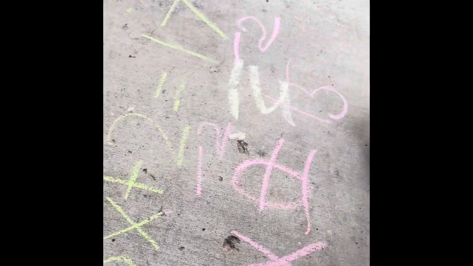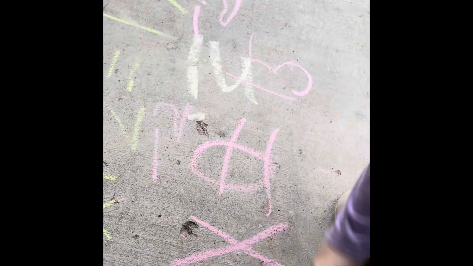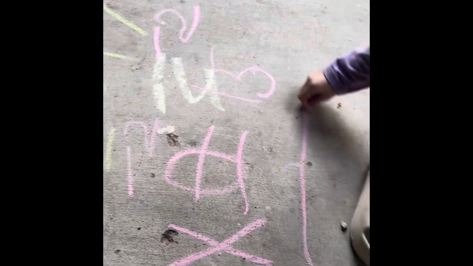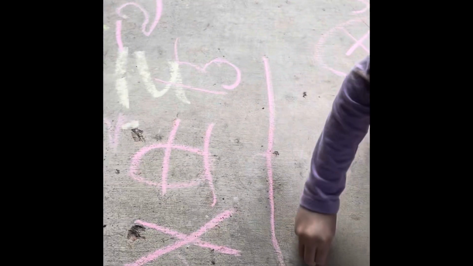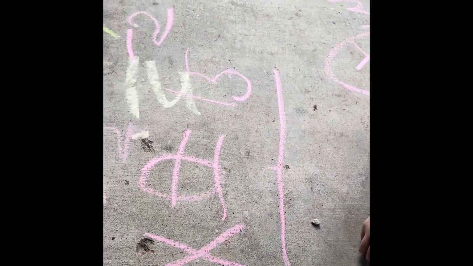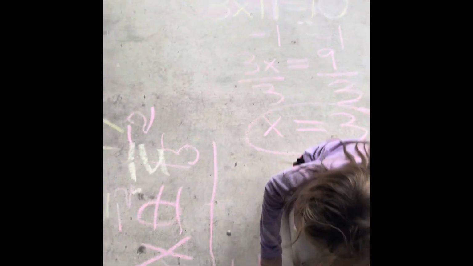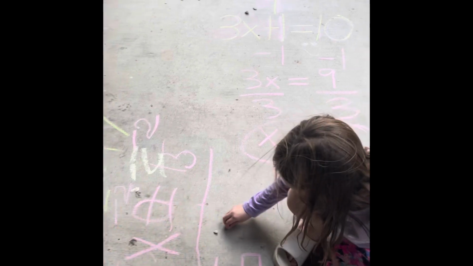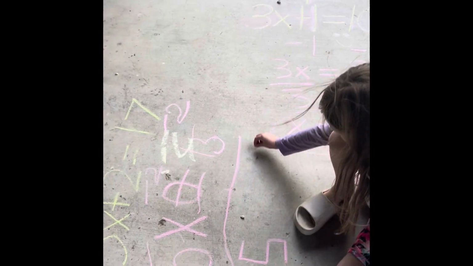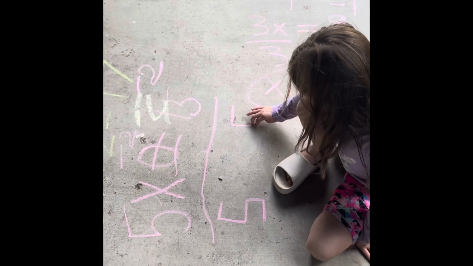So now we have to divide. Put a line for division, and then put a 5. Whatever we do to one side of the equal sign, we have to do to the other. So put a 5 under the 15. Good.